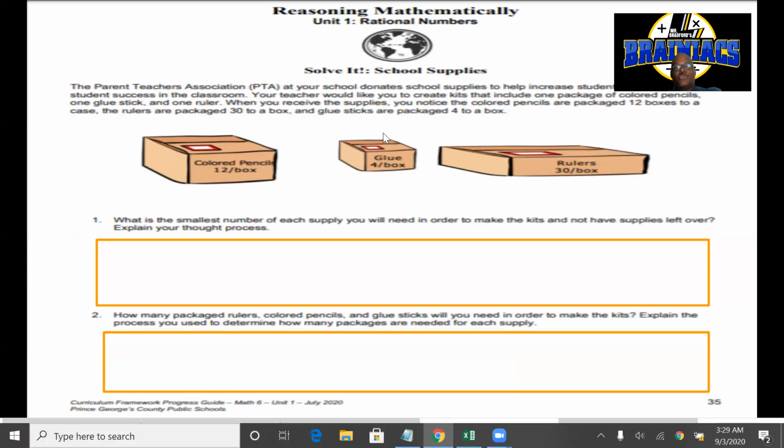There are currently 12 in a box. So how many boxes will we need to equal 60? We would have to divide 60 by 12, which will give us what? Good, 5. So you're going to need 5 boxes of colored pencils.